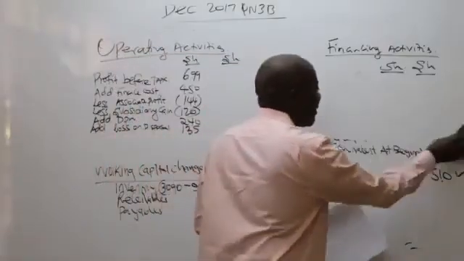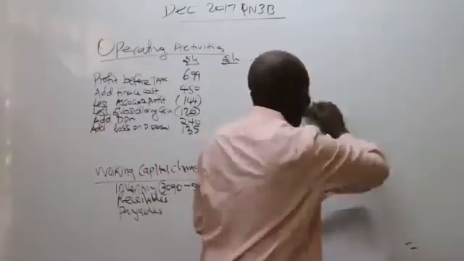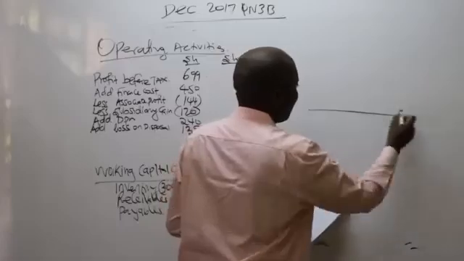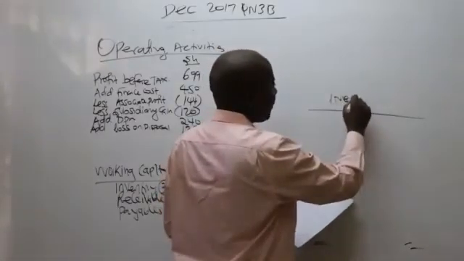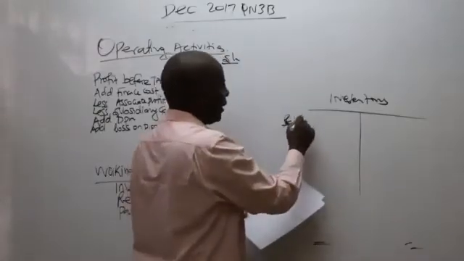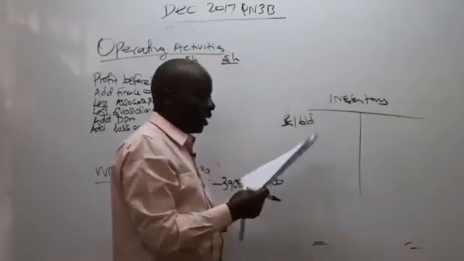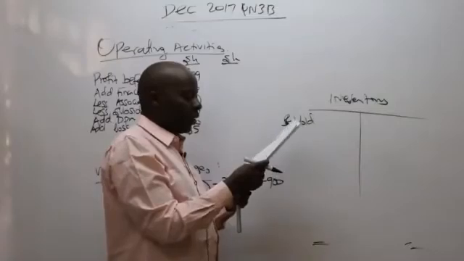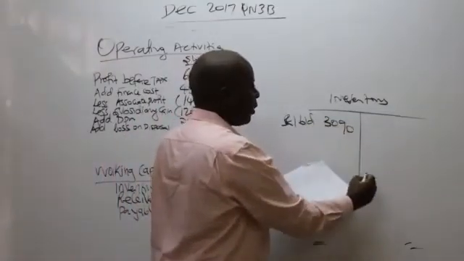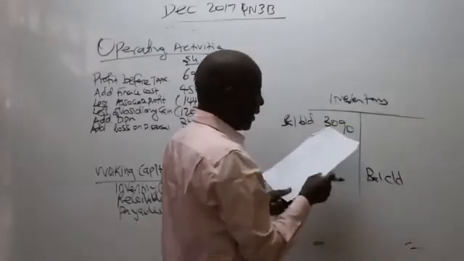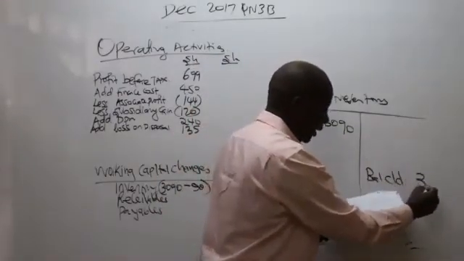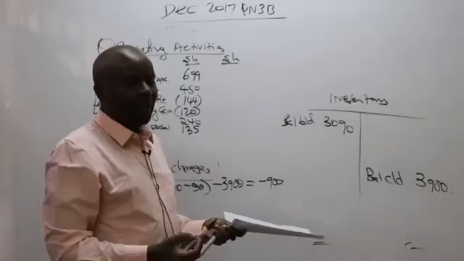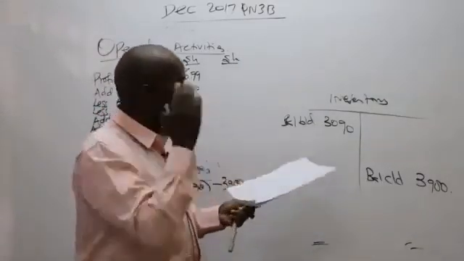I want to repeat again. Please allow the teacher to repeat. If you want, the teacher can even draw a T account. Let us say inventory, with balance brought down from 2016, which was 3090. And there is a balance carried down for the current year, 2017, which is 3900. And then we had a disposal.